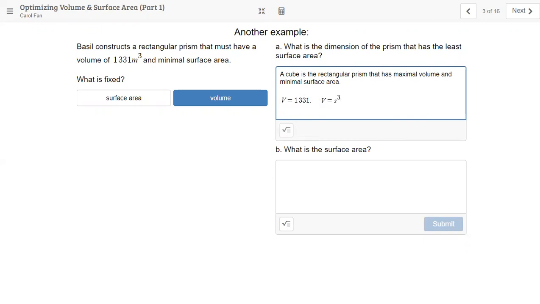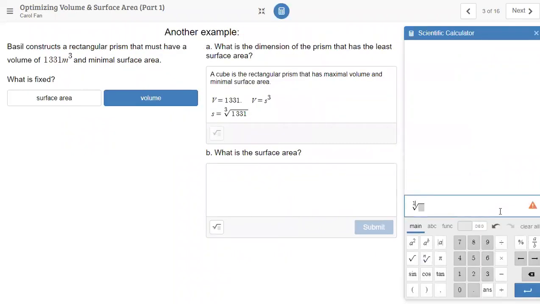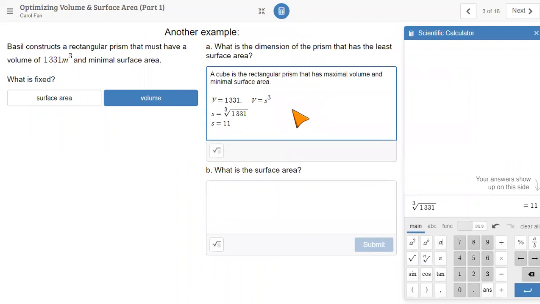Where volume is 1,331 and volume is also side cubed. So for us to find the side, we're going to take the third root of 1331. And then we get s is equal to 11. So this prism is going to be a cube with the side length of 11.